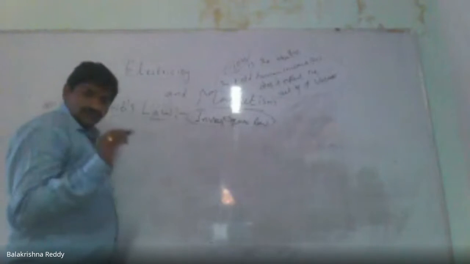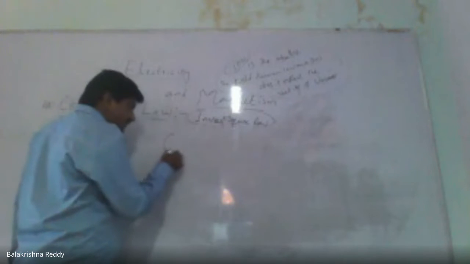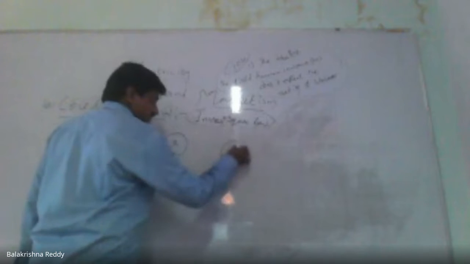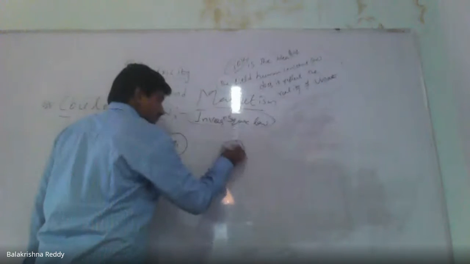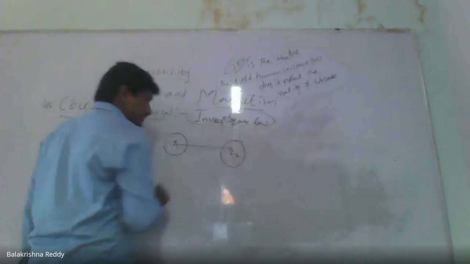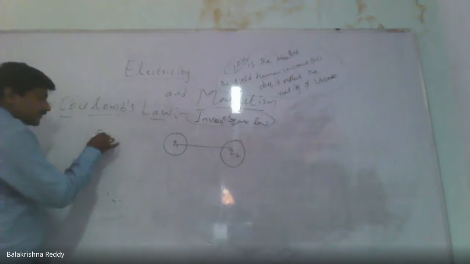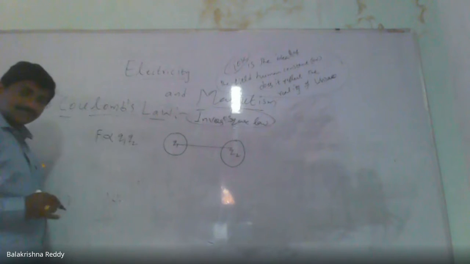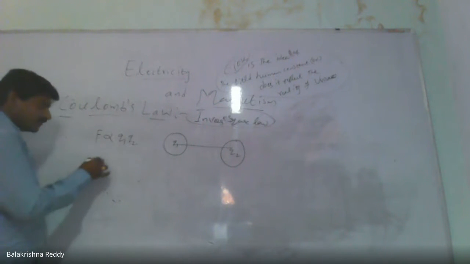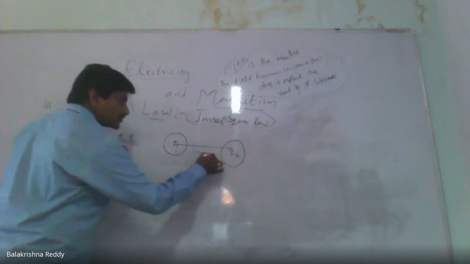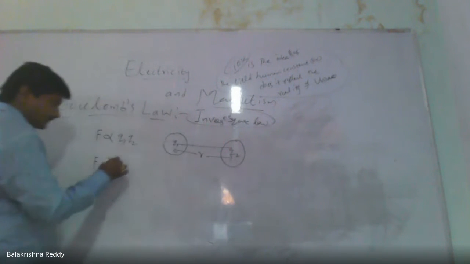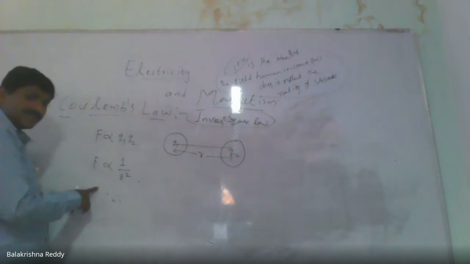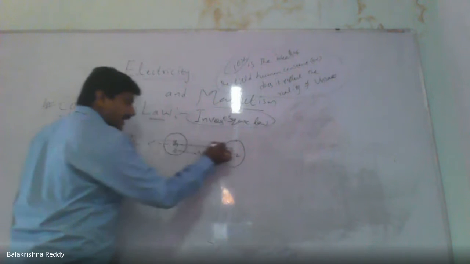According to Coulomb's law, the electrostatic force of attraction between two charges is directly proportional to the product of those two charges and inversely proportional to the square of the distance between them along the straight line.